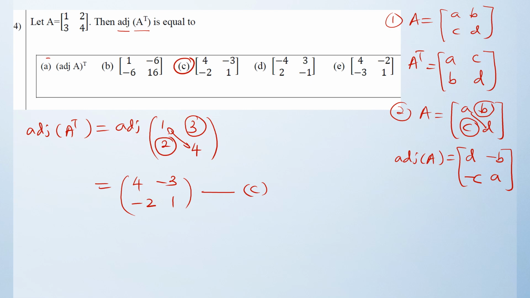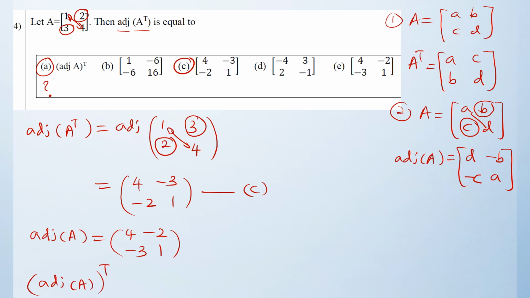So what about A? If we find the adjoint of the matrix capital A, we interchange the diagonal elements, so we have 4 here and 1 here, and change the sign of the off-diagonal entries, so we have minus 2 here and minus 3. For part A, we have to consider the transpose of that again.